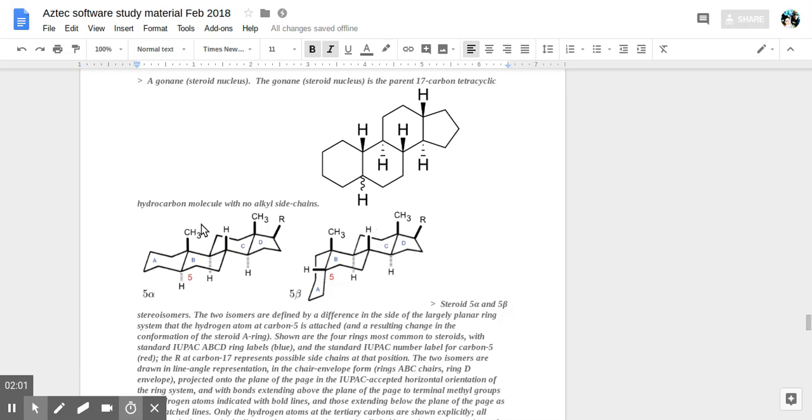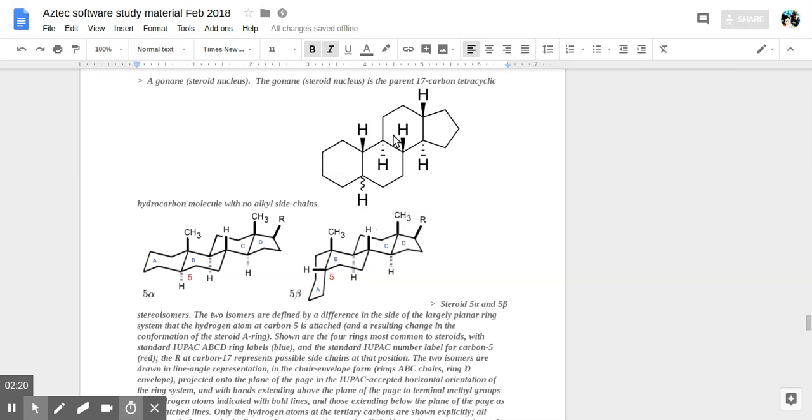So that's the main framework of steroid molecules. So gonane has no alkyl side chains.